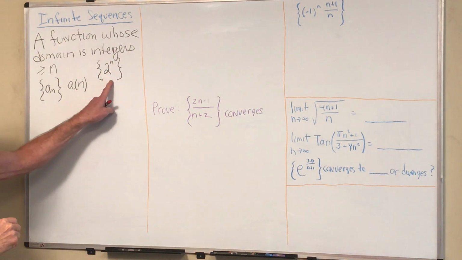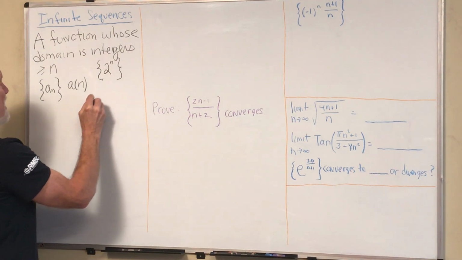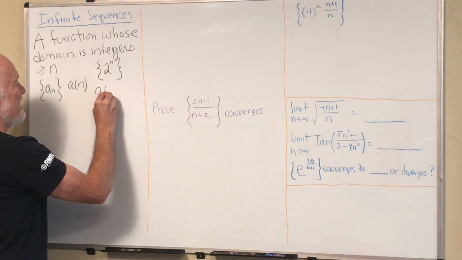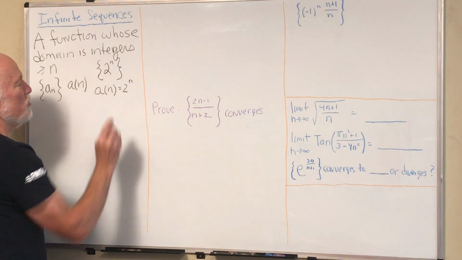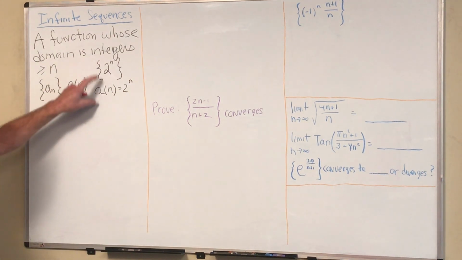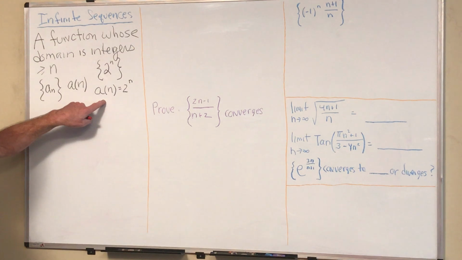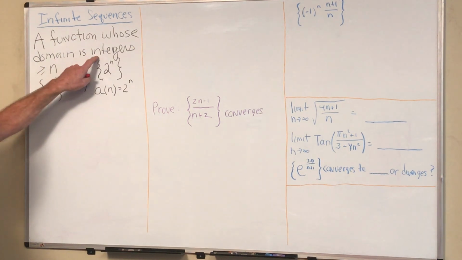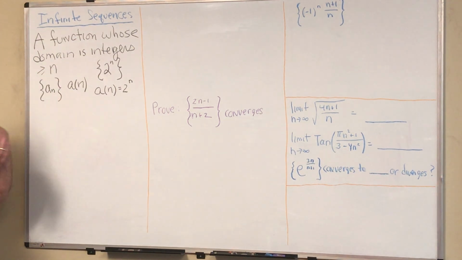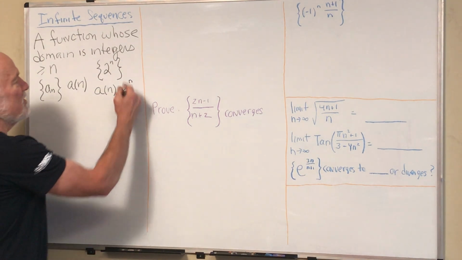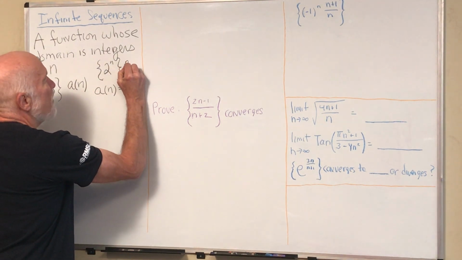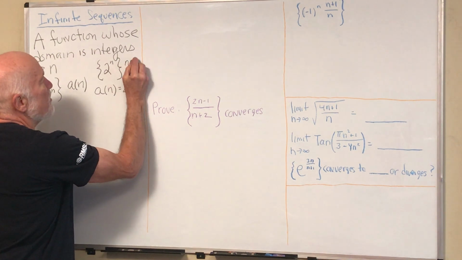That would be an infinite sequence. Another way you could write that is a sub n equals 2 to the n. In both of these cases, to show what values of the integers you're using, it would be a good idea to show what the domain is. So in this case, you could say for n greater than or equal to 1.